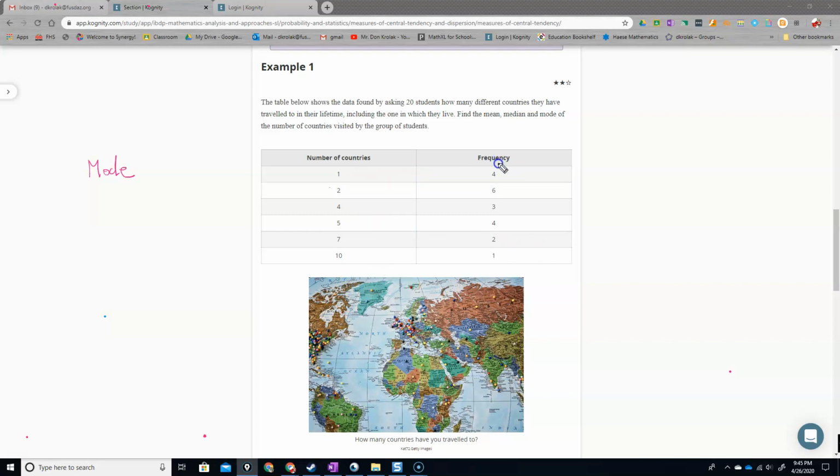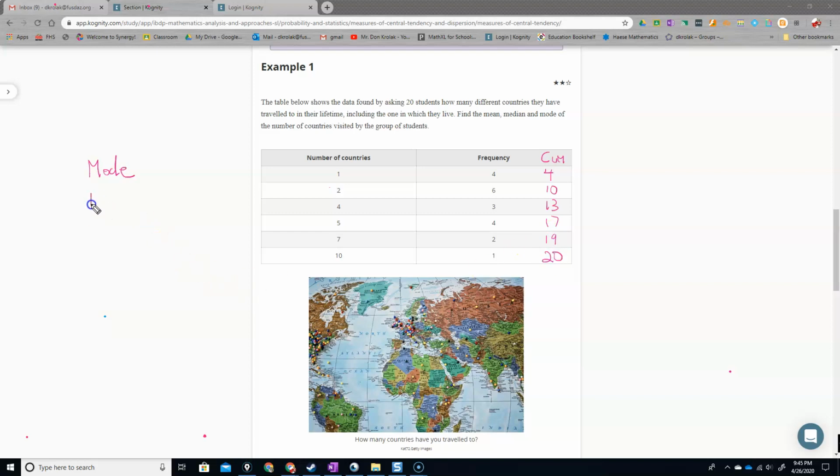That's where we use our cumulative frequency. That's telling us how many there were all together. So we got 4 plus 6, 10, plus 3, 13, plus 4, 17, plus 2, 19, plus 1, 20.